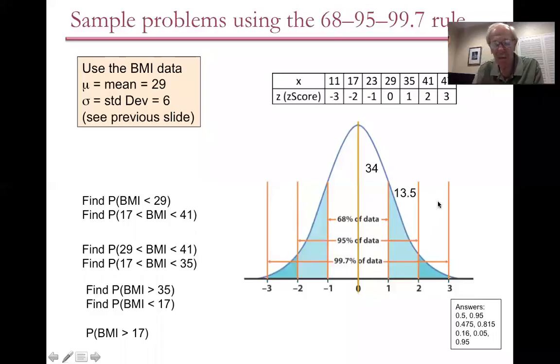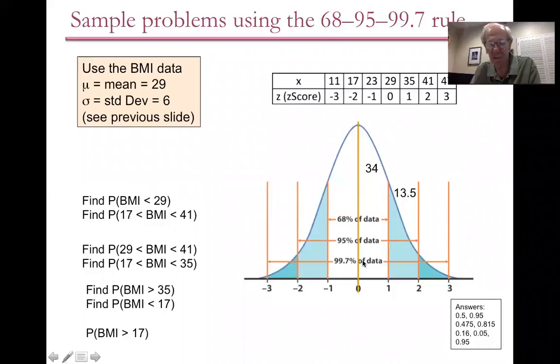So if I want BMI between 29 and 31, I want this number plus this one plus this number, which I think is like 2.5. I don't think it's quite 2.5. How can we get what that is?